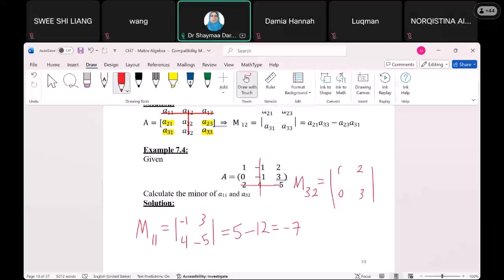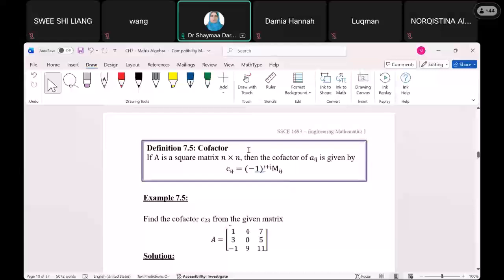So the multiplication will be 3 minus 0, which is 3. So the minor of any element means you cancel the row and the column of that element. The remaining will be a 2 times 2 matrix. Find the determinant, and it will be equal to the minor.